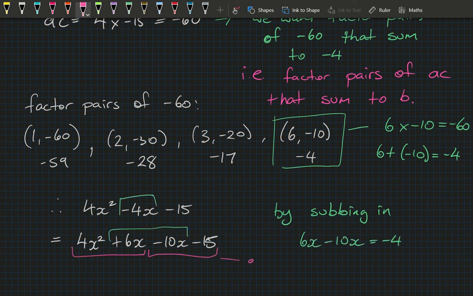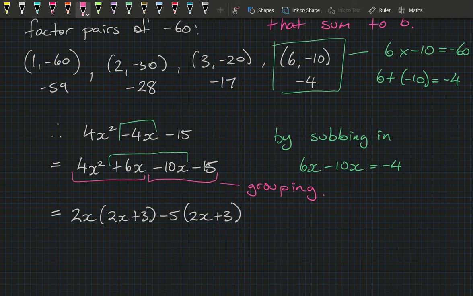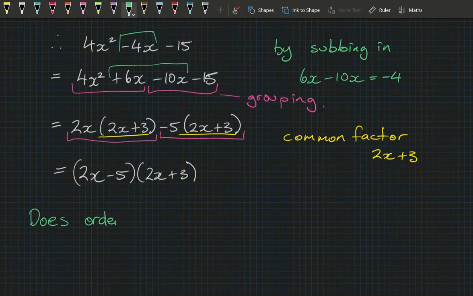And now we can group those, and taking out the common factor for each group, we're left with 2x times (2x plus 3) minus 5 times (2x plus 3). And we'll just highlight how the groups are still the same. Now you can see both groups have 2x plus 3 as a common factor, and therefore our final answer is (2x minus 5) times (2x plus 3). Just like we asked in the last lesson, does order matter?